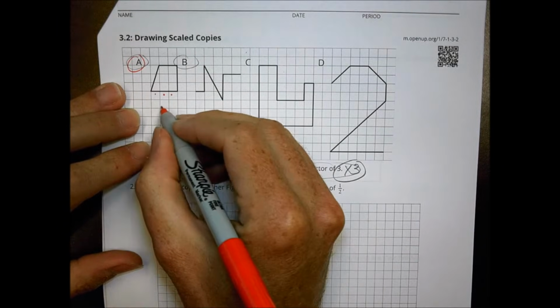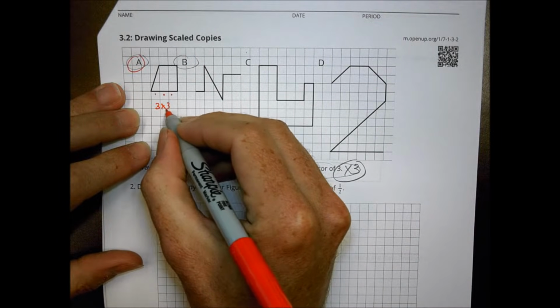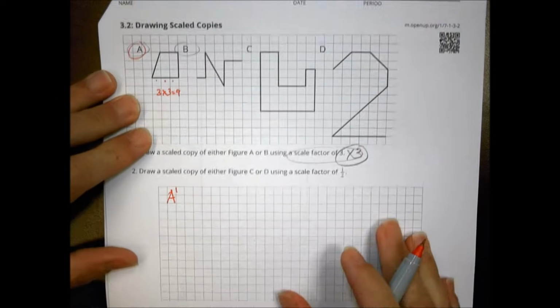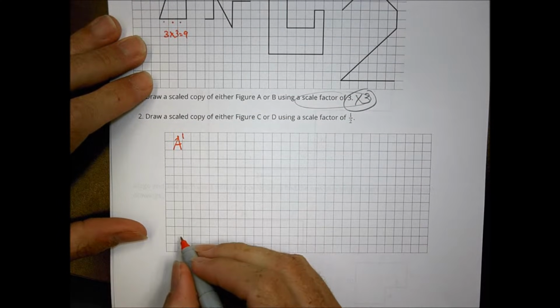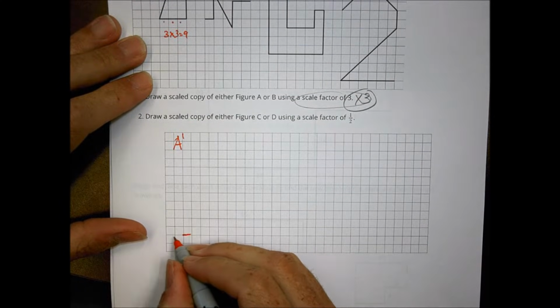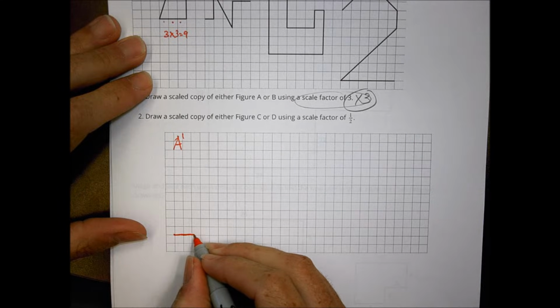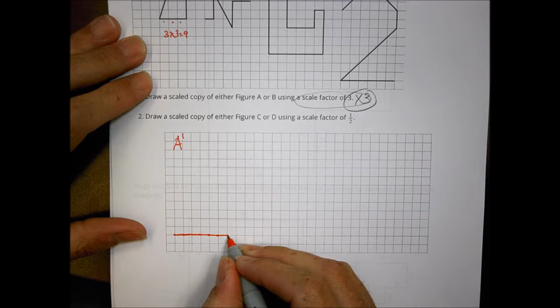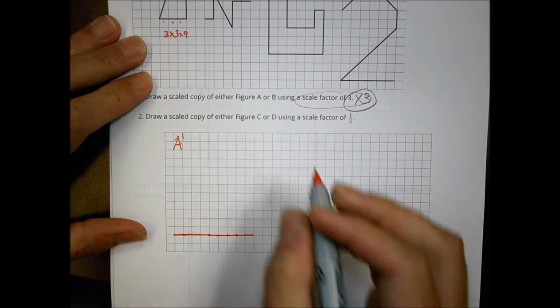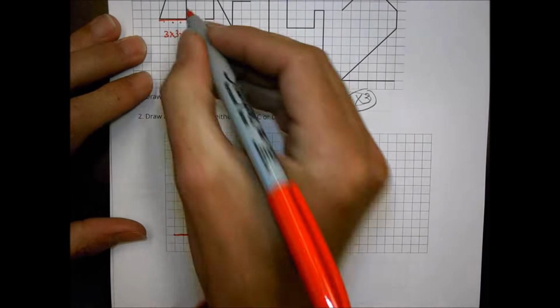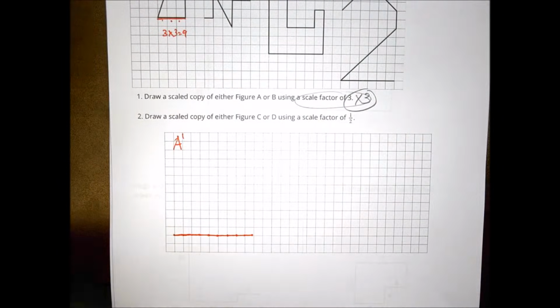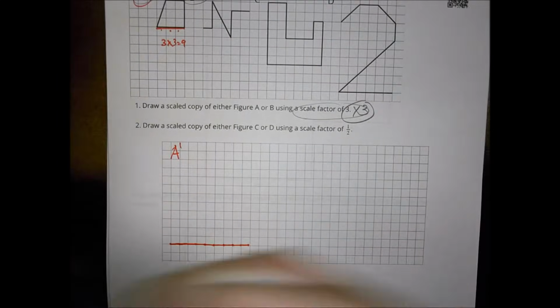So to multiply that by 3, I would do 3 times 3 equals 9. And so to make my scaled copy down here, I'd go 1, 2, 3, 4, 5, 6, 7, 8, 9 to have my bottom line there, using similar colors so I can follow along.